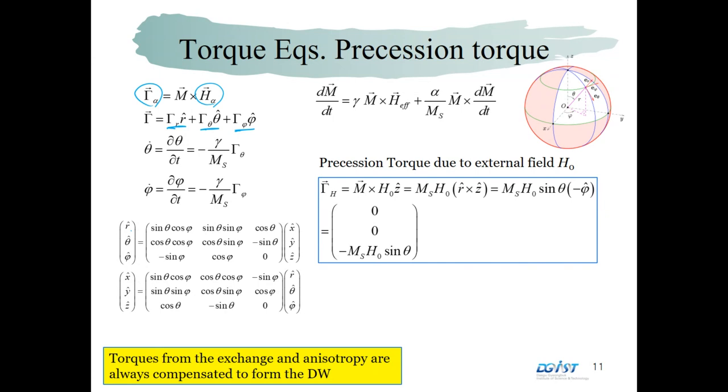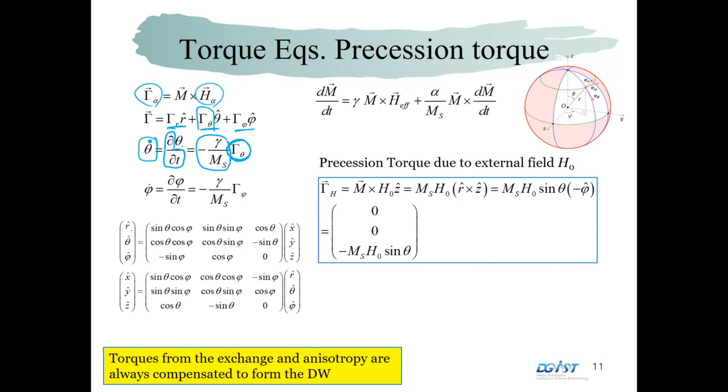Theta dot means the time derivative of theta, and this is nothing else but the torque theta component here. If you multiply by minus gamma over Ms, then you can convert the torque to the angular motion.